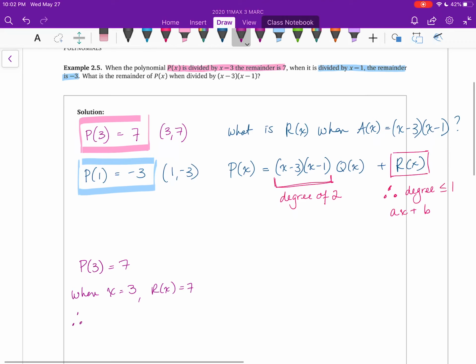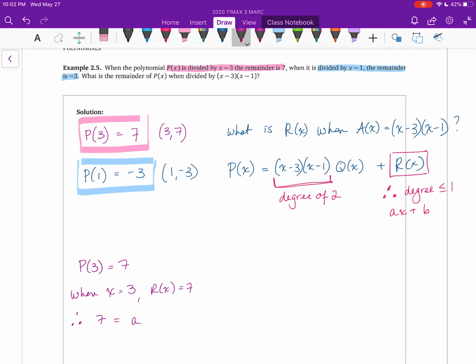So therefore, I don't actually have to calculate p of 3. It's given to me. It's saying p of 3 equals 7. That's where a, and let me make sure I don't forget to substitute in x this time, that's 3 plus b. So like the previous example, that's one equation.